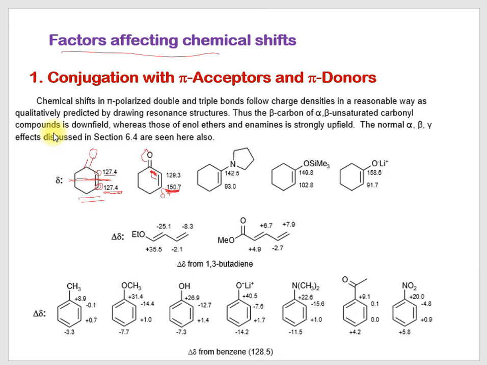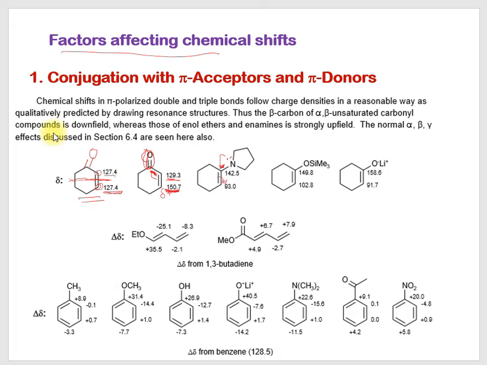And now about this carbon, from 127.4 to 129.3, it's because of the electron withdrawing nature of this carbonyl. Now the other case we consider here is the lone pair on nitrogen, which can be delocalized towards the pi bond.